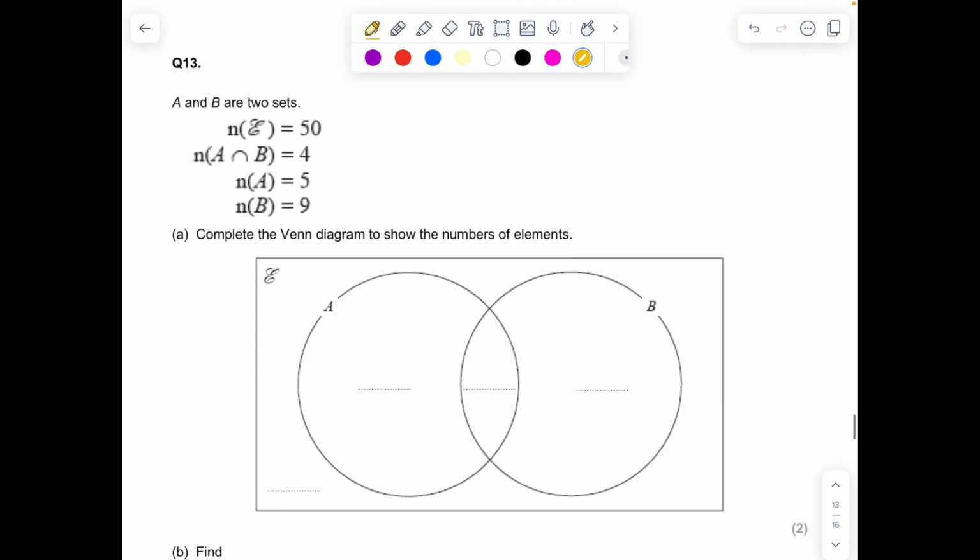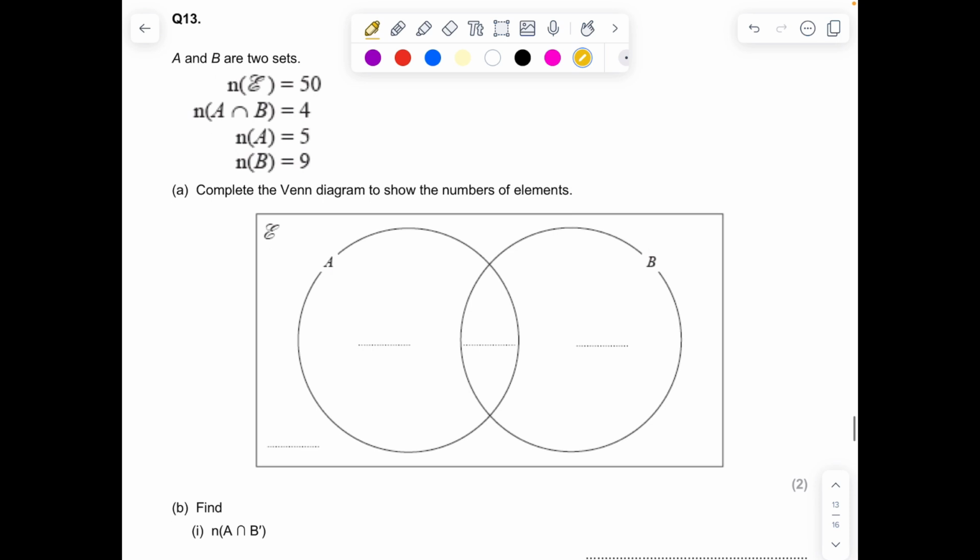Okay, so now we have Venn diagrams. A and B are 2 sets. Remember, the n on the outside means how many elements are in that particular set. So this is saying that in total, in this whole set, there are 50 items in there.